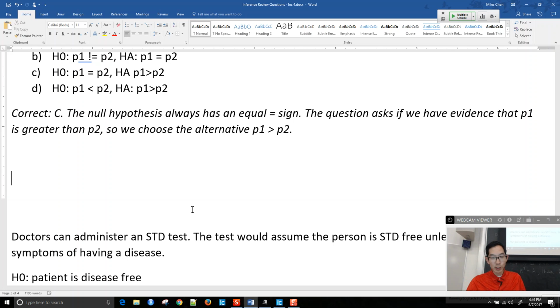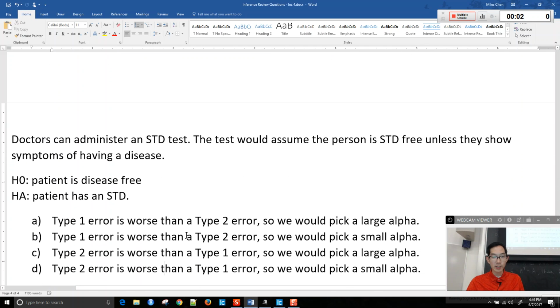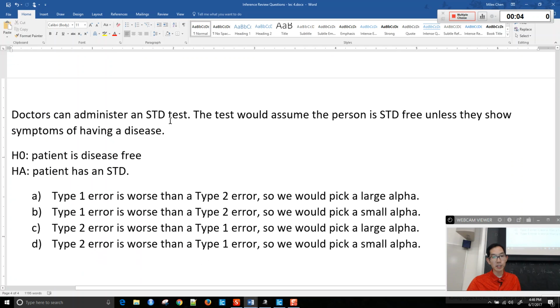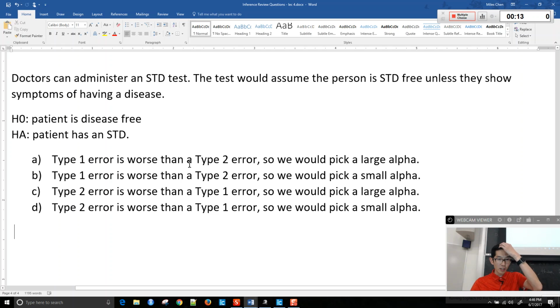One more clicker question here. This is based on type 1 and type 2 error. It says doctors can administer an STD test. The test would assume that the person is disease-free unless they show symptoms of having a disease. Patient is disease-free would be the null.